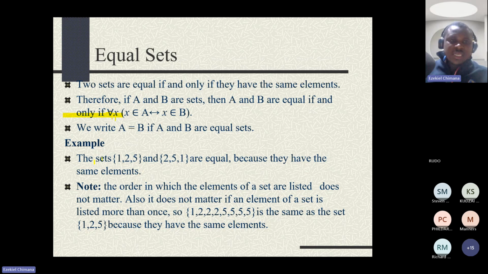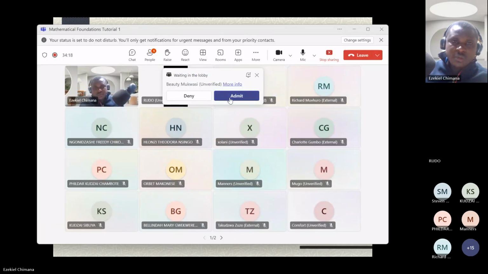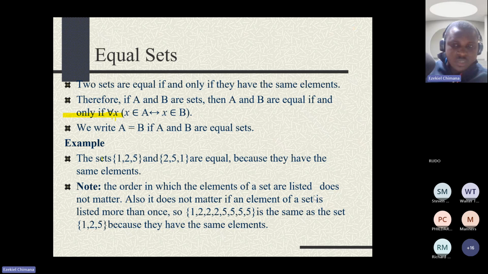Take note that sets are not equal because they have the same number of elements, but they must have the same elements. The order in which the elements of a set are listed does not matter. Also it does not matter if an element of a set is listed more than once.